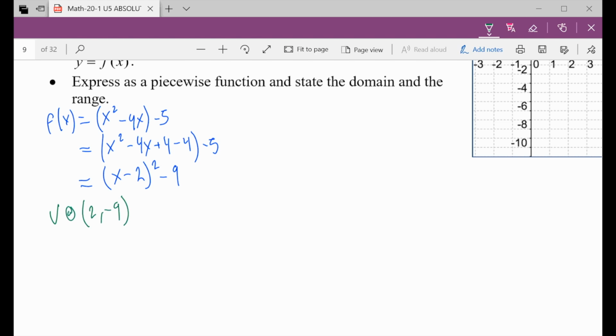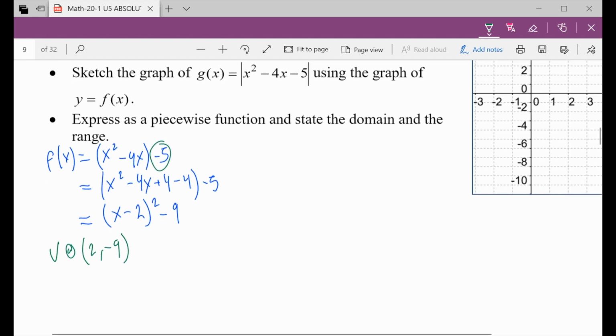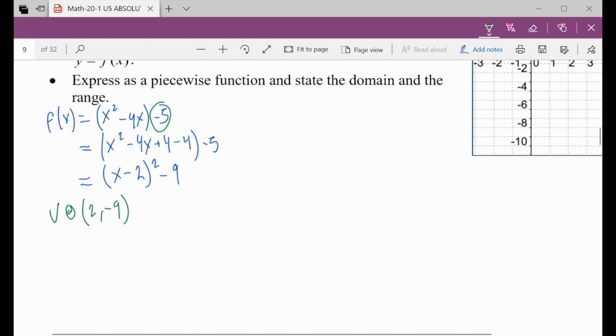We know from the original form of the equation, looking back up here, you might recall that in general form, that last constant term talks to the y-intercept. So we know the y-intercept is going to be at (0, −5). We know that much. Cool.